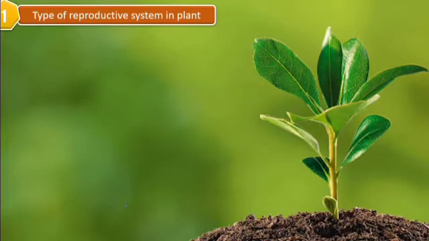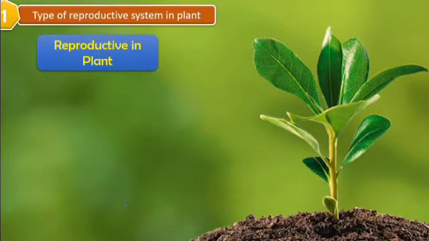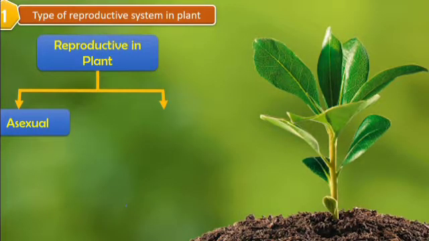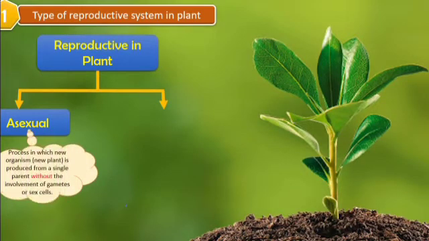It is about the types of reproductive system in plants. There are two kinds of reproduction in plants. The first is asexual and the second is sexual. Asexual reproduction in plants means the process in which a new plant is produced from a single parent without the involvement of gametes of sex.